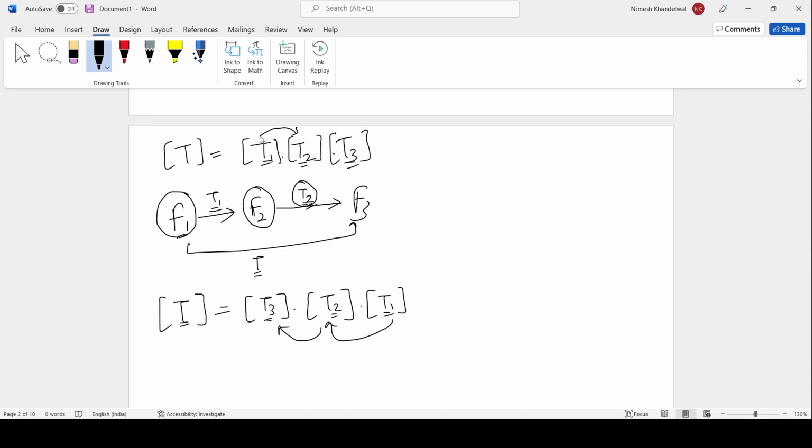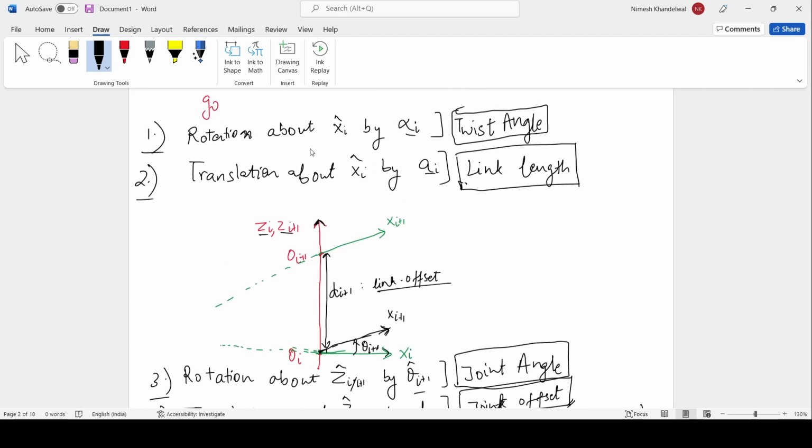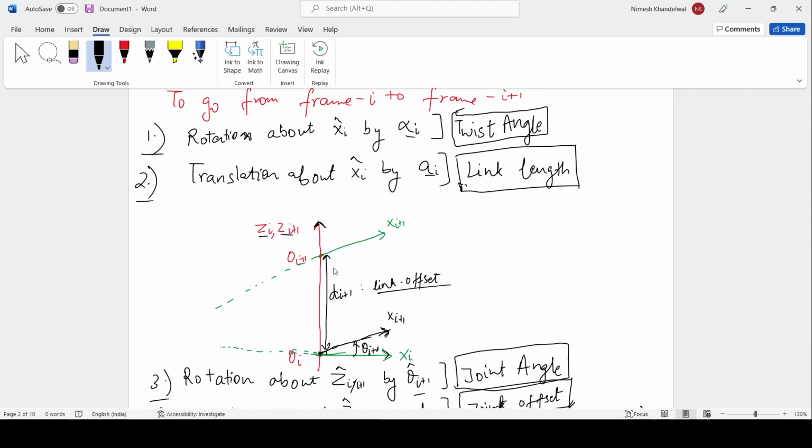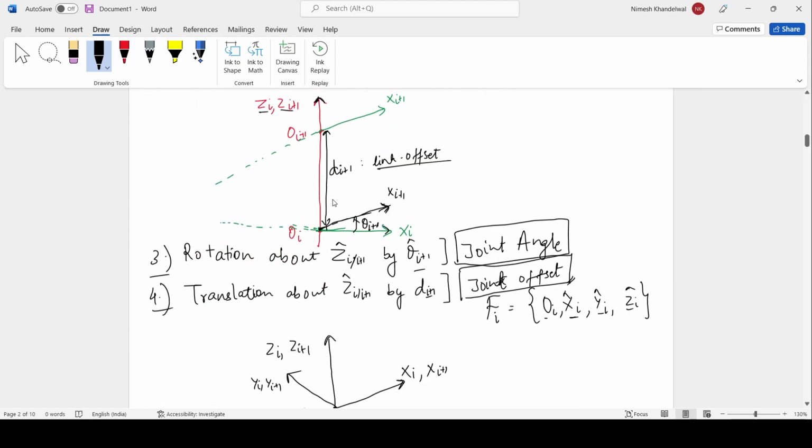If you keep transforming with respect to the new frame that you get every time, you right multiply. Now, with this knowledge, going back to what we did while transforming frame I into frame I plus 1, each and every transformation that we have written here is about the newest axis till that time.